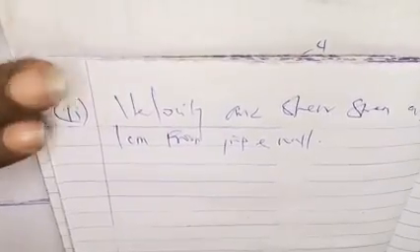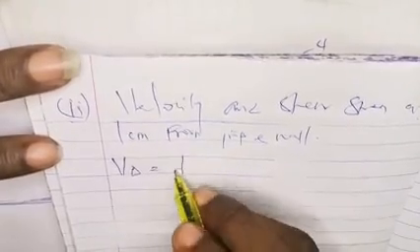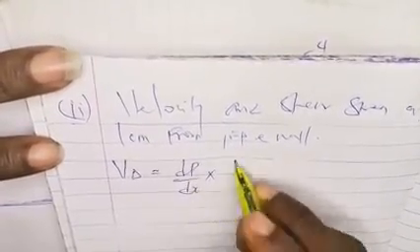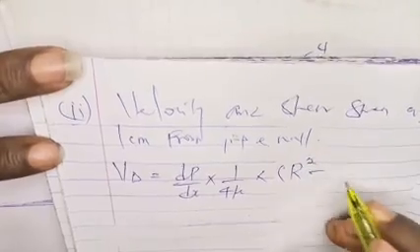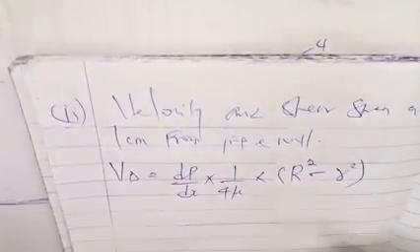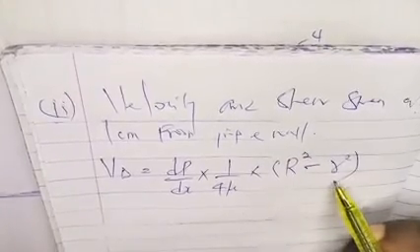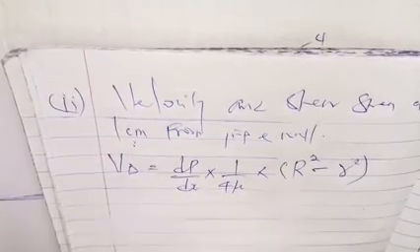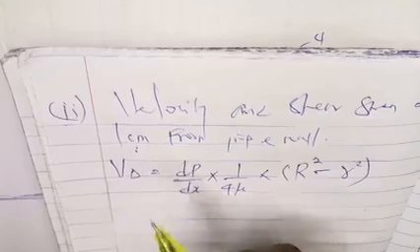Now to calculate velocity at 1 centimeter from the pipe wall, we make use of the Hagen-Poiseuille equation, which states velocity at a distance is equal to dp/dx multiplied by 1 over 4 mu multiplied by R squared minus r squared. Now, the capital R becomes the radius of the original pipe given to us, and the small r becomes the 1 centimeter, which is the distance we're calculating the velocity from. So small r becomes 1 centimeter.